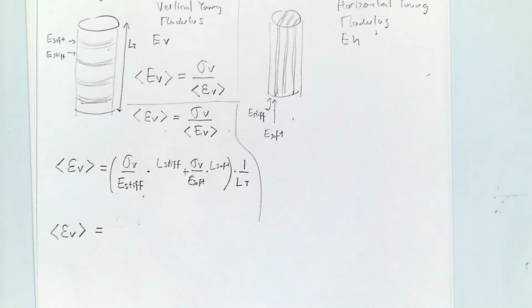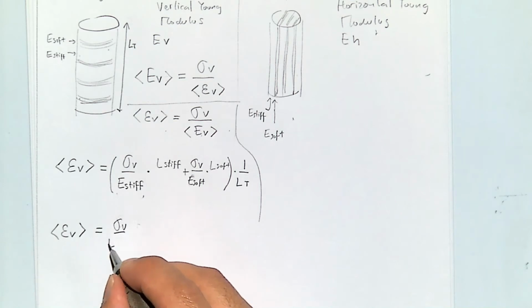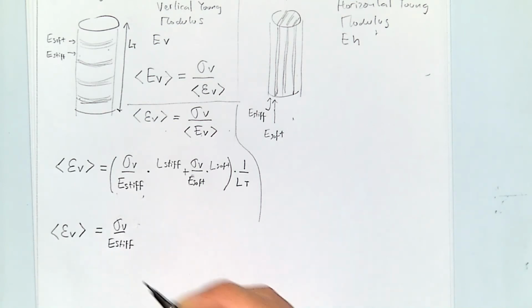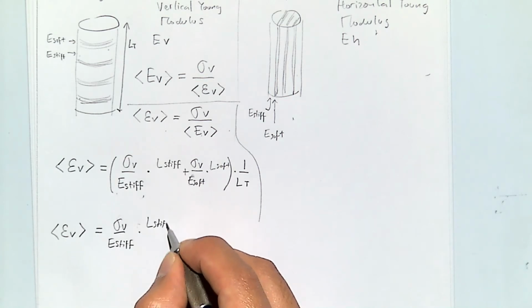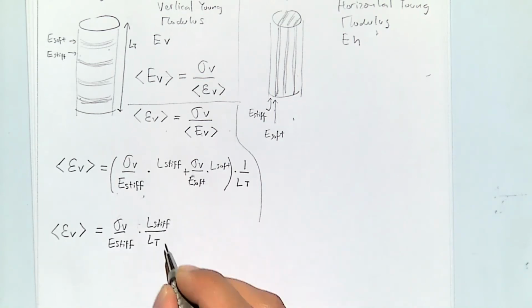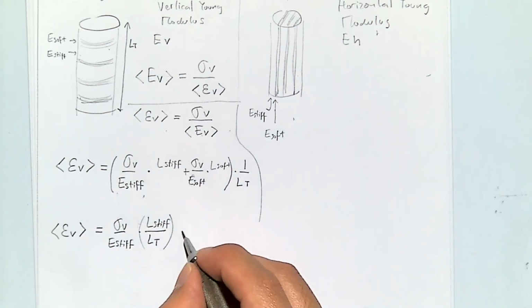What? It's going to be a ratio, but it's just going to be the volume fraction of the stiff part. So this is going to be sigma v stiff, L stiff divided LT. This is a volume fraction. It's a volume fraction of the stiff part, how much of the stiff layers you have.